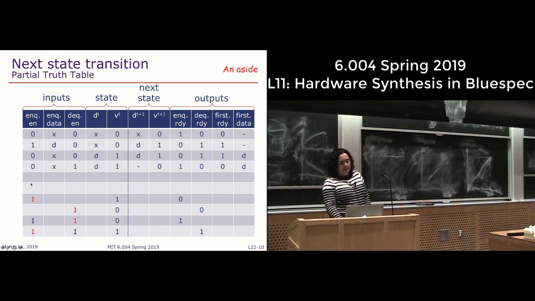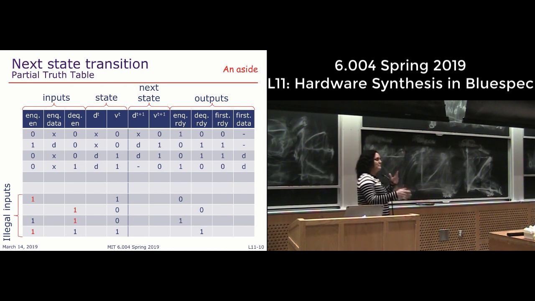Okay? The one other thing we wanted to highlight in this truth table is that if you really go through all of the permutations of these inputs, you're going to find that you also have some invalid inputs. So who can tell me why these bottom 4 rows are actually illegal? Just pick one of them. Yep.